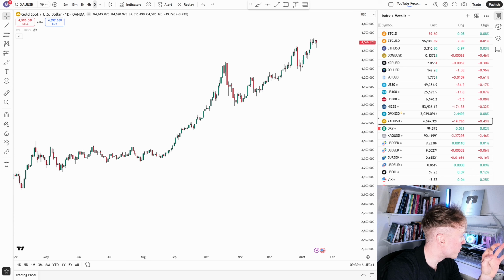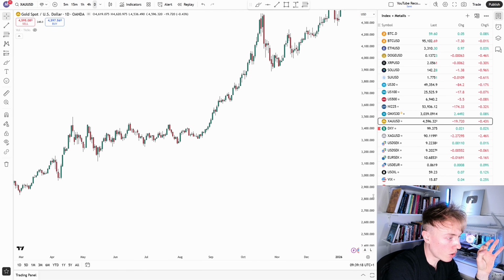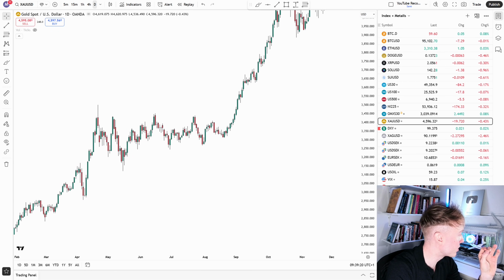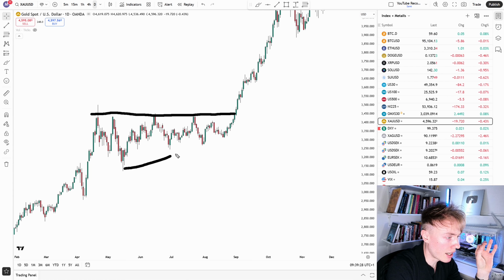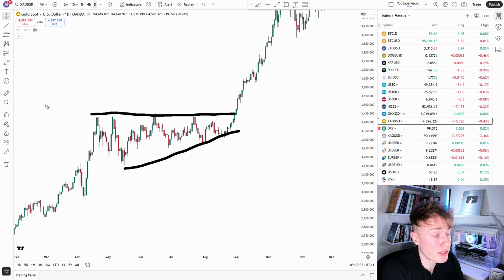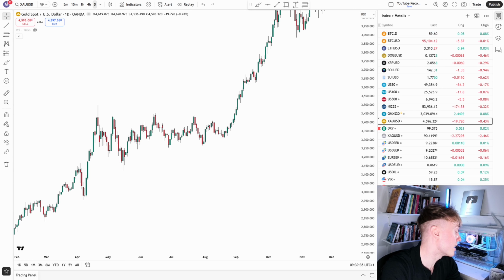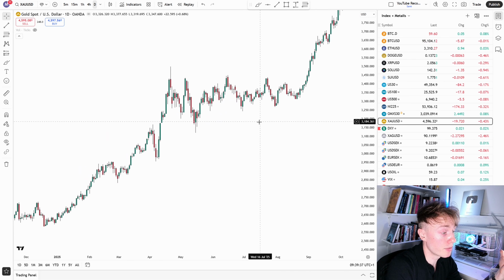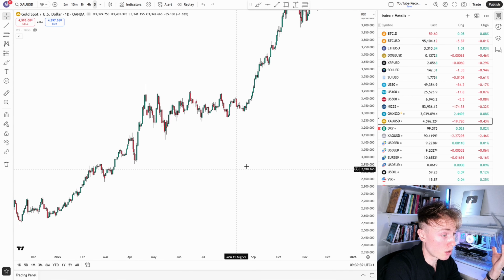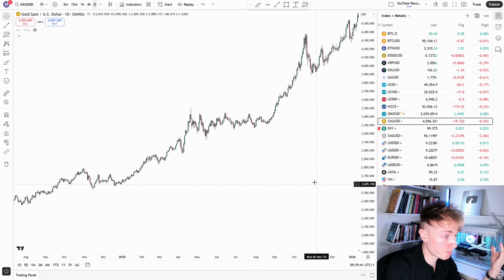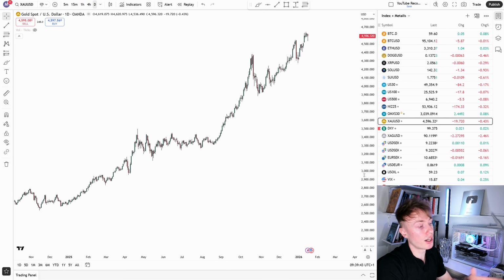Then, if we scroll back even more, you can also see that here we have a very interesting thing. Here it almost looks like we have some sort of pattern, right? We have some sort of resistance, it looks like, and then we have some sort of upward sloping support. This is another thing you will often see in markets. These are the chart patterns that I talked about earlier. But what you hopefully can clearly see is that the overall trend here is clearly to the upside.